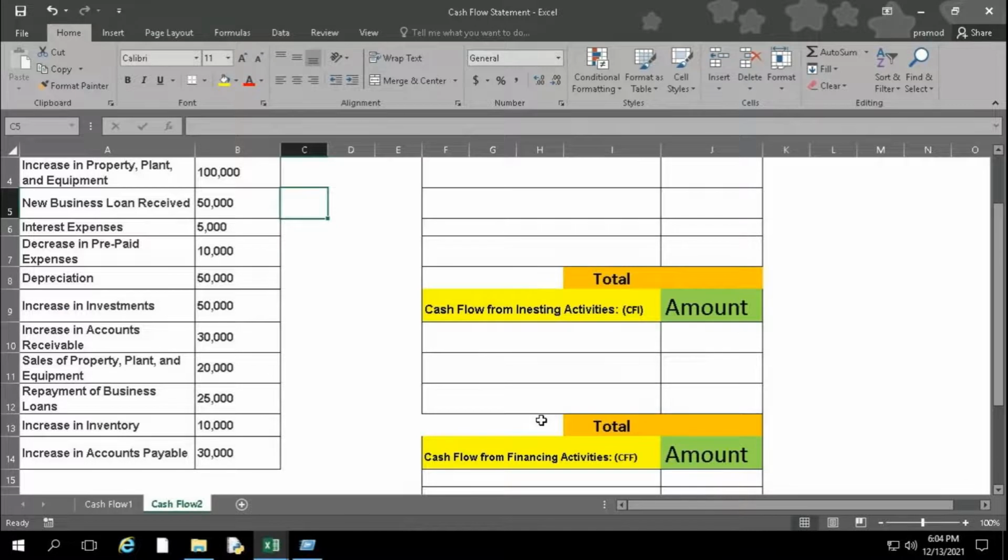If flowing in, positive. Flowing out, negative. So increase in property means flowing out. Investing. Sale of property, plant and equipment is positive, since it is a decrease. And new business loan received is in financing, no, sir? Financing, CFF.